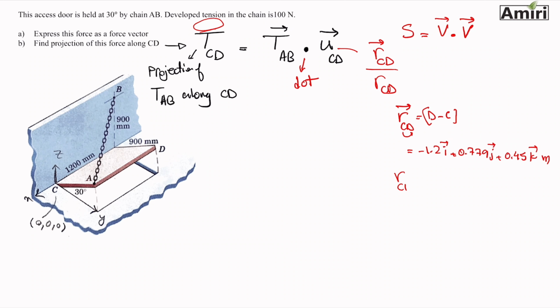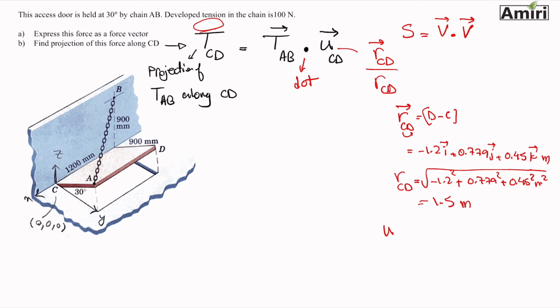The magnitude of CD, the square root of the sum of the squares, will again be 1.5 meters.